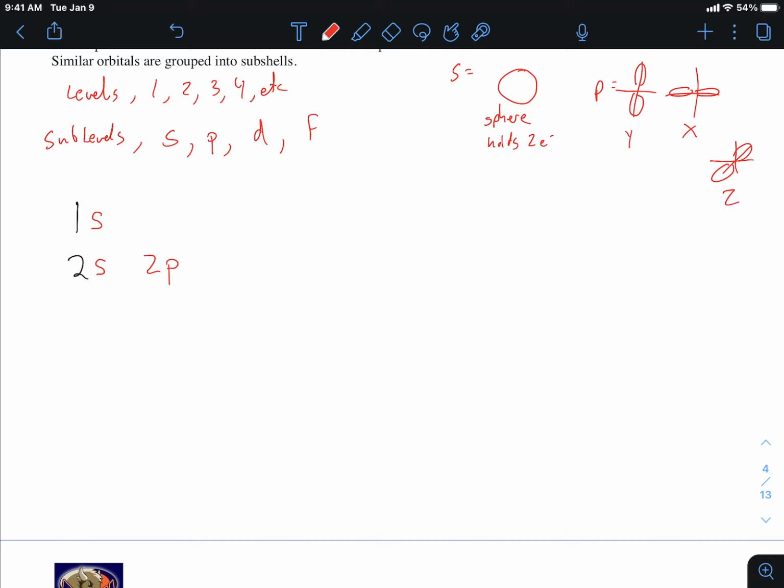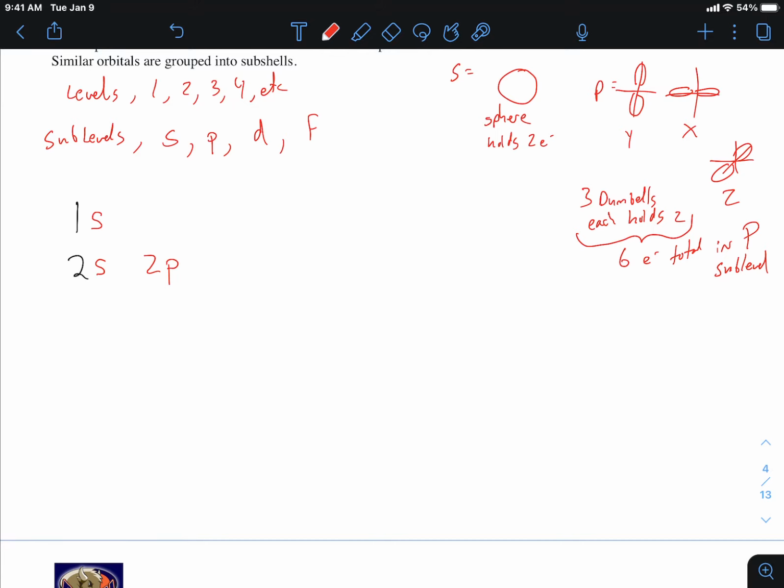So the P sublevel is broken up into 3 parts. 3 dumbbells. Each dumbbell holds 2, which means 6 electrons total in a P sublevel. Okay, so do you see how the one sublevel is actually broken into different parts?